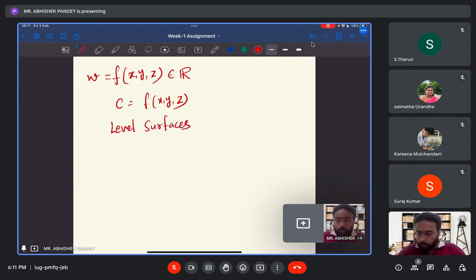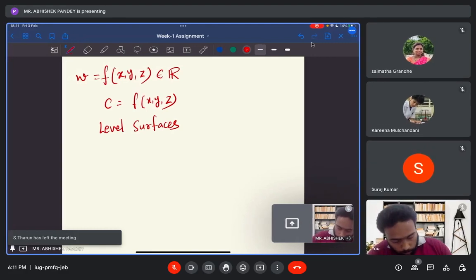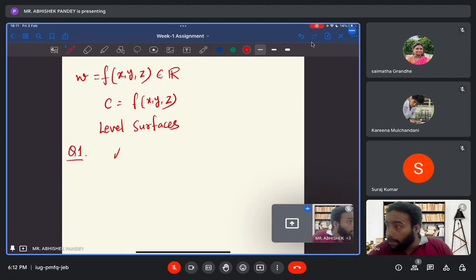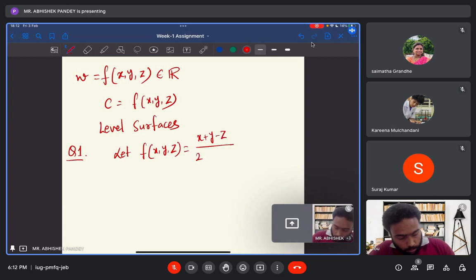So the first question is: let f of x comma y comma z be equal to x plus y minus z upon 2x minus y minus z.